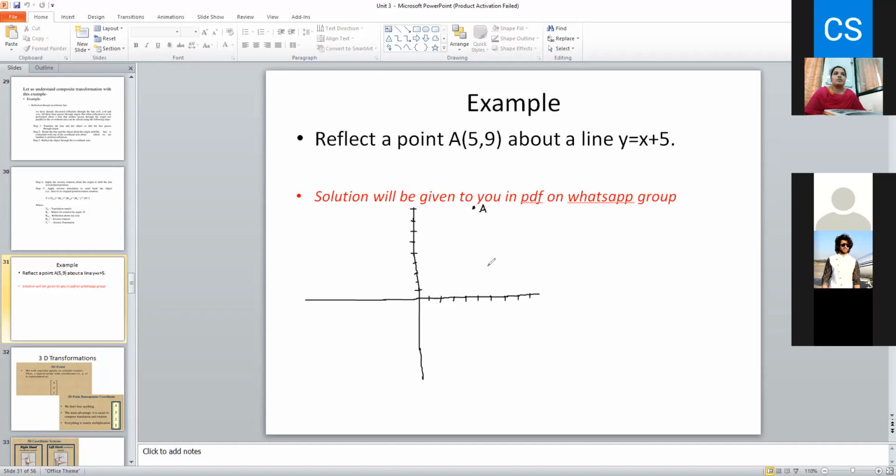Now I have to reflect this A about the line y equal to x plus 5. Can you tell me the coordinates of any two points which lie on this line, so that we can complete the line?